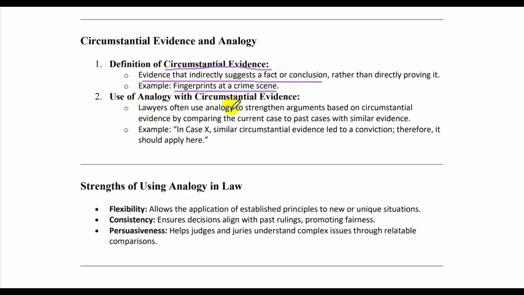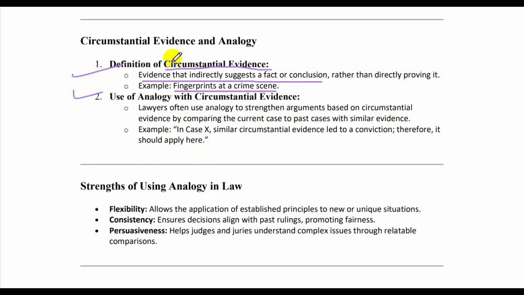Use of analogy with circumstantial evidence. Lawyers often use analogy to strengthen arguments based on circumstantial evidence by comparing the current case to past cases with similar evidence. Example, in case X, similar circumstantial evidence led to a conviction, therefore it should apply here also.